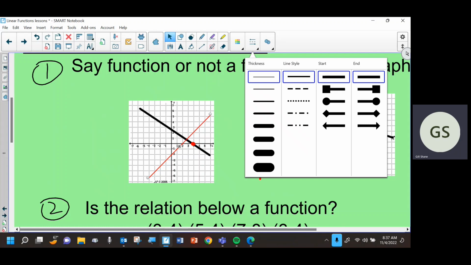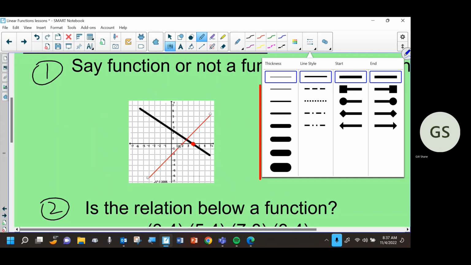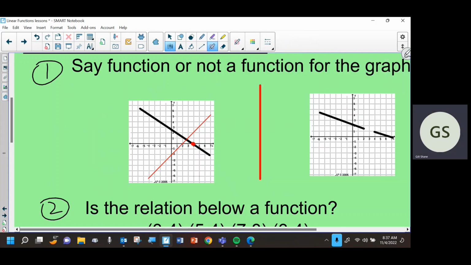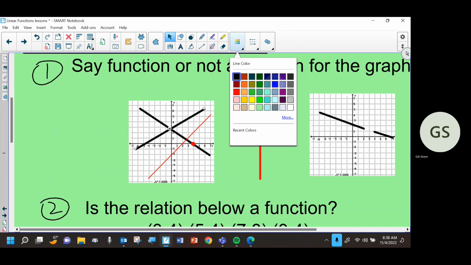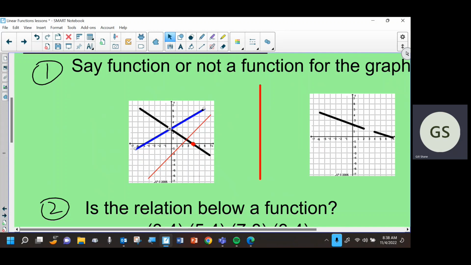Let's draw one more line. I don't know why that didn't make it blue, but it didn't. Blue.